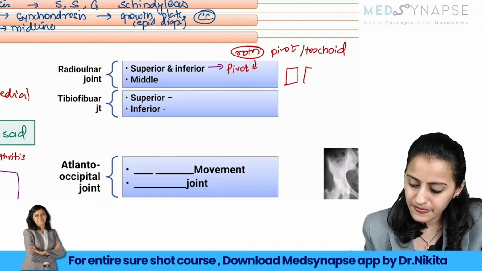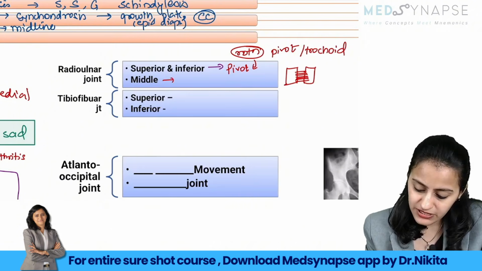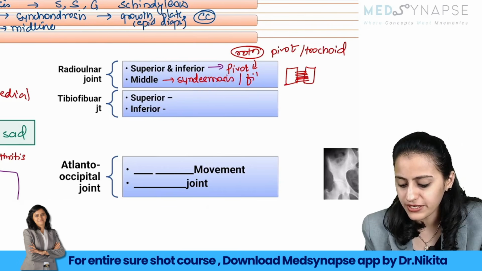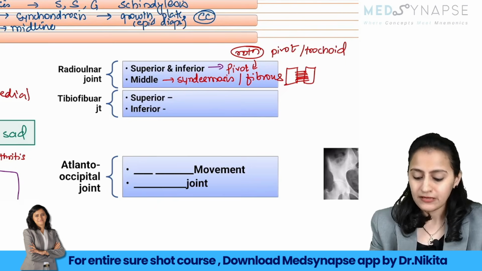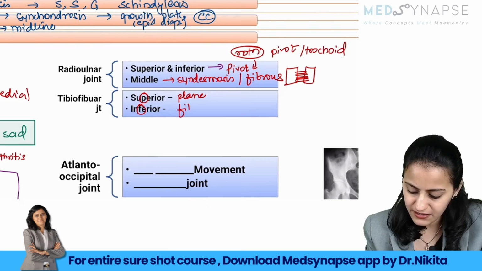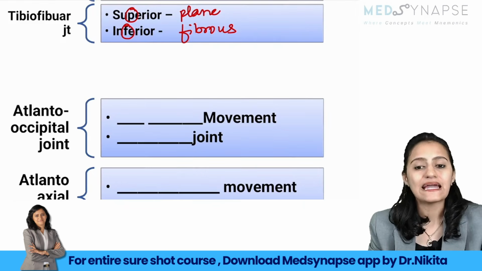The middle one is where the radius and ulna are fused by the interosseous membrane. So that is a syndesmosis, that means it's a fibrous joint. For tibiofibular, P for plane: superior is plane, inferior is fibrous.